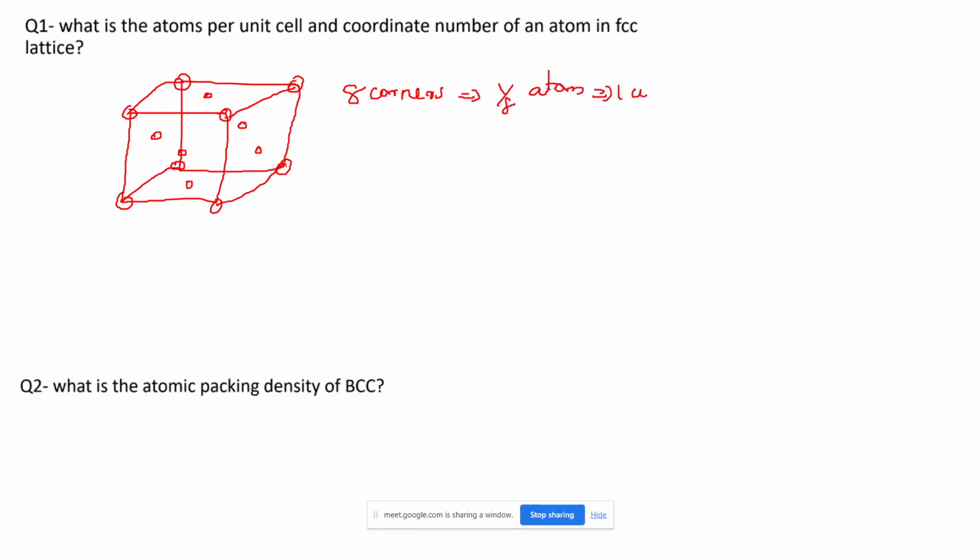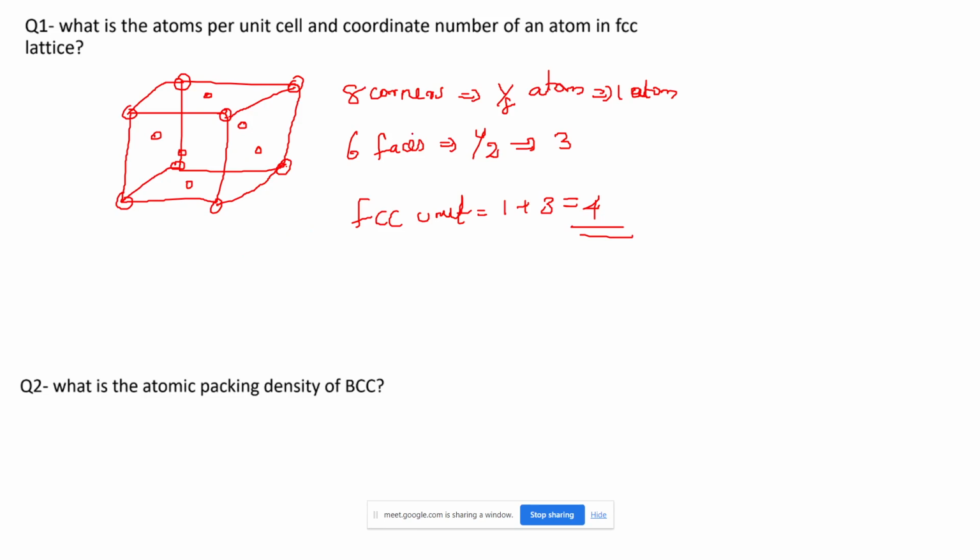So total will be 1 atom. Okay. And in each face what will be the contribution? 6 faces are there, so the contribution will be half. So total atoms will be 3. So now the total atoms in the FCC unit cell will be 1 plus 3, that will be 4. So this is the number of atoms in the unit cell.